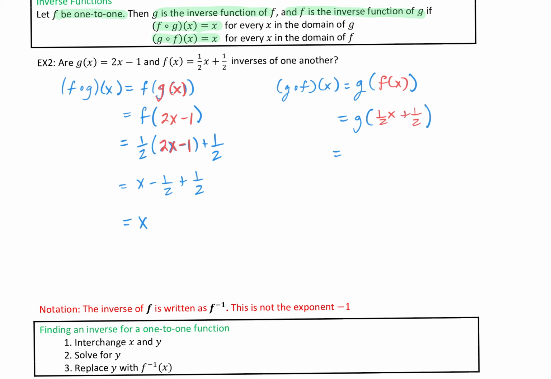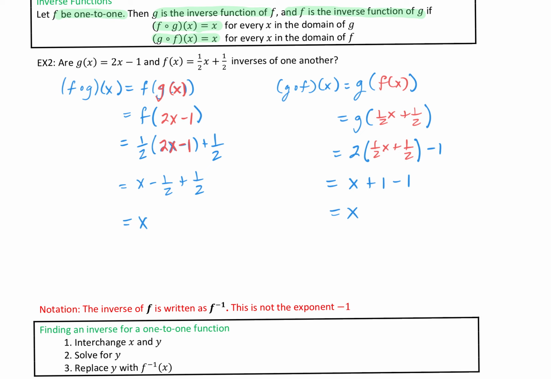That means wherever we see x in g, so 2x, we replace it with 1/2 x plus 1/2. And then we have our minus 1. Distributing the 2, this becomes x plus 1, and then we have our minus 1.